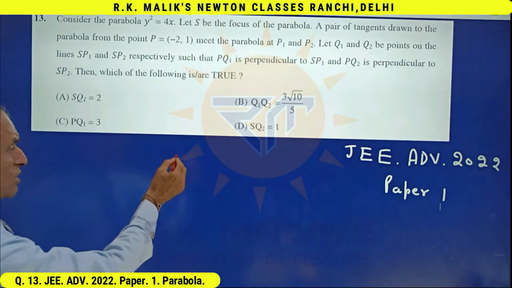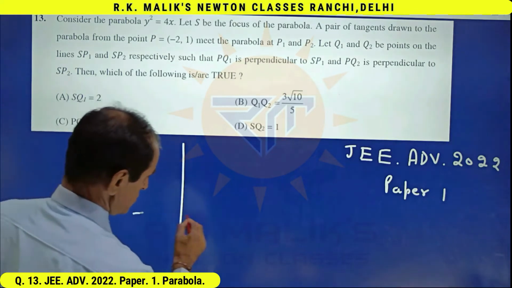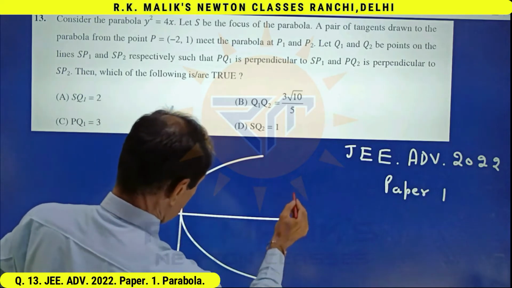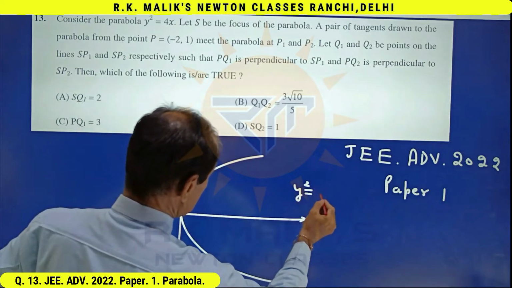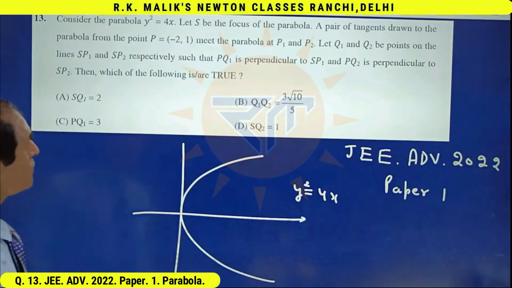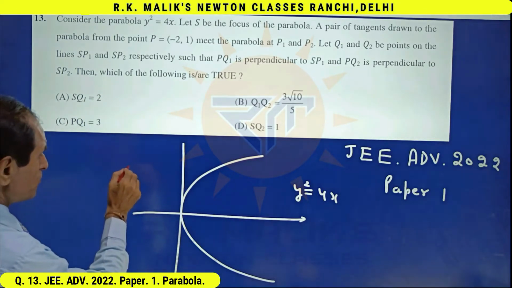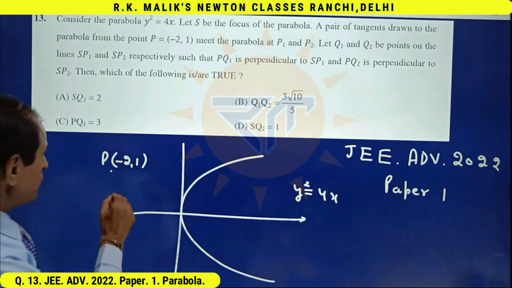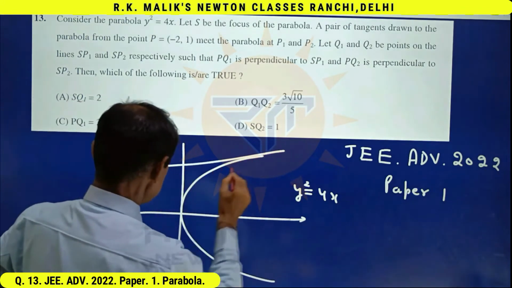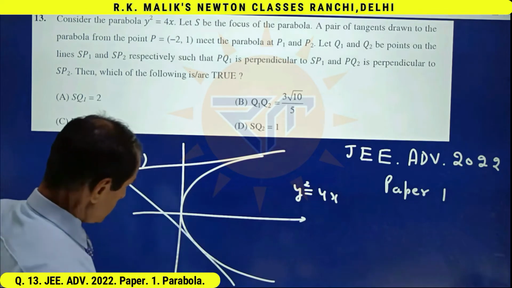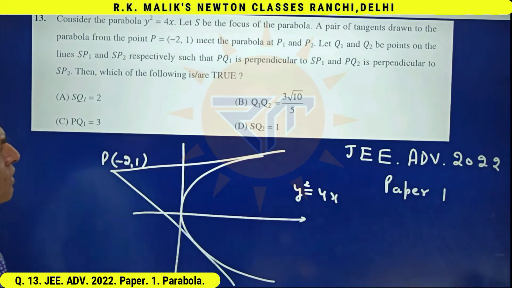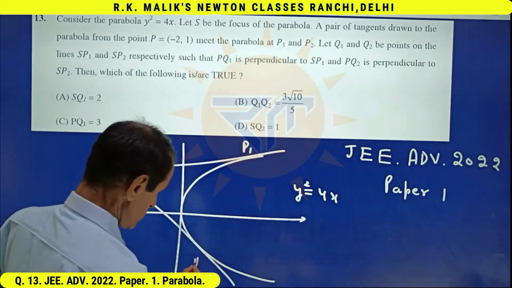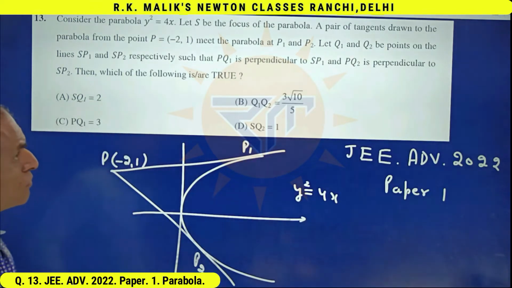The meaning of the question is, this is the parabola, equation y square equal to 4x. From the point P, we have drawn two tangents to the parabola and they meet the parabola at the points P1 and P2.